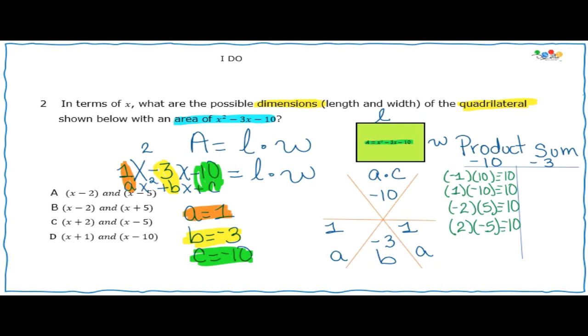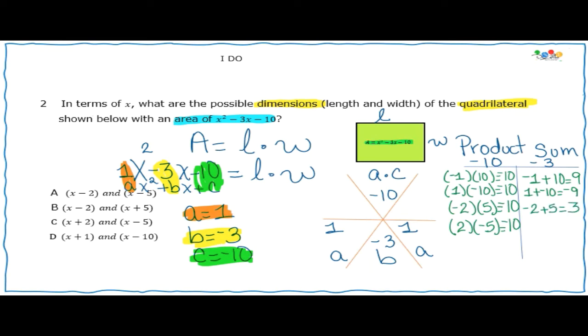Let's move on to the sum. Now I'm going to add my factors. 1 plus 10 gives me a 9. Very good. Right below that, I'm going to add negative 1 plus 10, and I get a negative 9. That's not the answer, right? I'm looking for a negative 3. Let's move on. Negative 2 plus 5 gives me a positive 3.